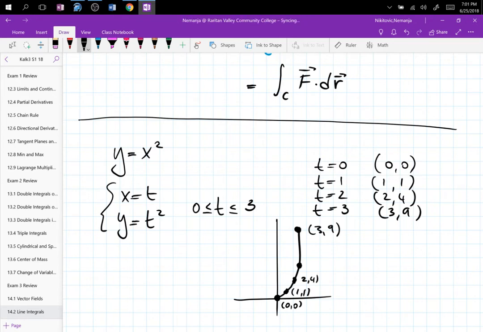Oh, I have one extra. All right, so kill this one over here. Ah, got it. So, observe, and I'll put it in blood. There you go. That is the orientation. It goes from 0, 0 to 3, 9.